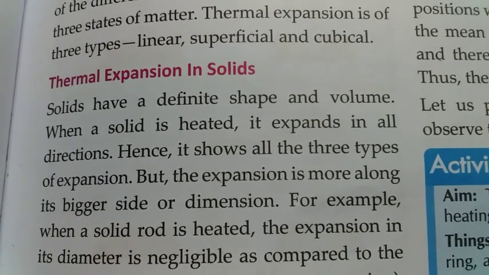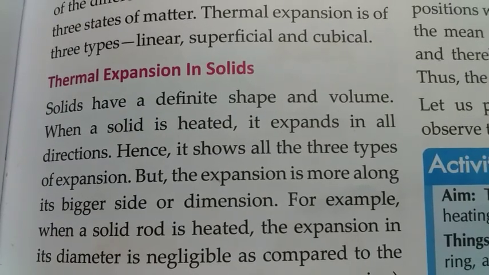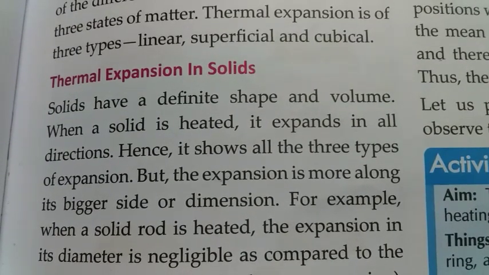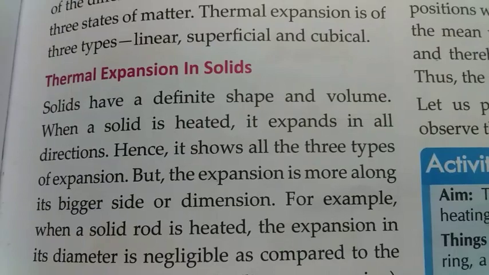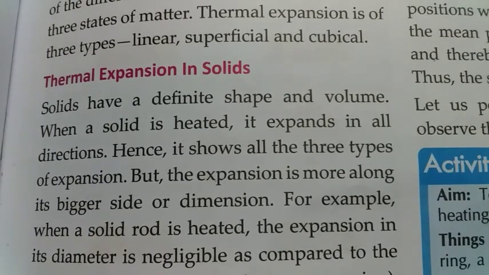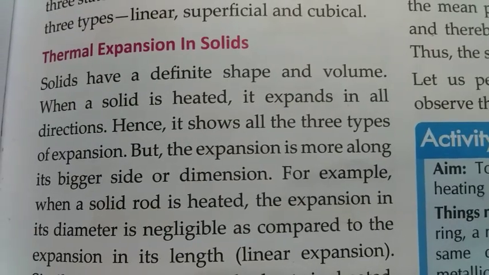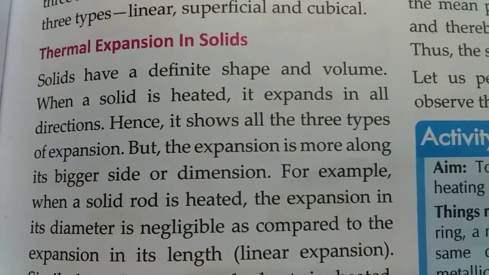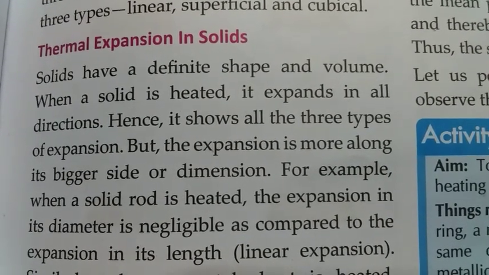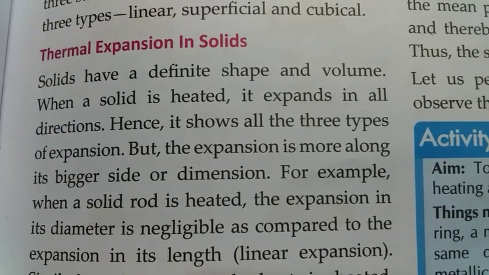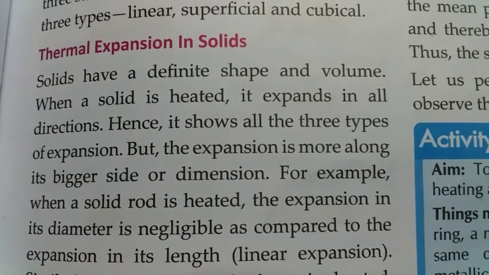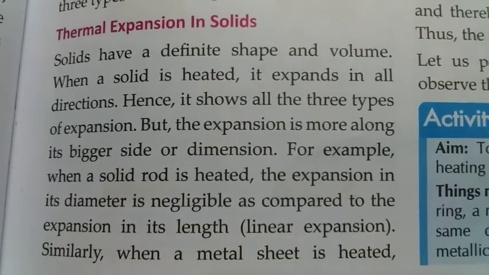Now, what does that mean? Let's see one example. When a solid rod is heated, the expansion in its diameter is negligible as compared to the expansion in its length. So, what does that mean? That length increases more than diameter, and this is linear expansion.